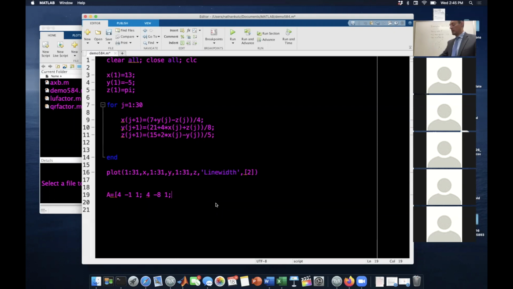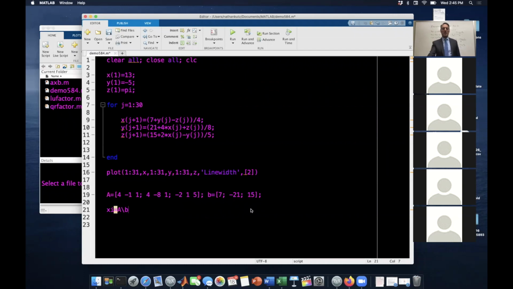The third row is -2, 1, and 5. And b is equal to 7, -21, and 15. And so the solution to this, let's not call it x, let's call it c, is equal to A\b. And let's actually have it print out to the screen what these are.